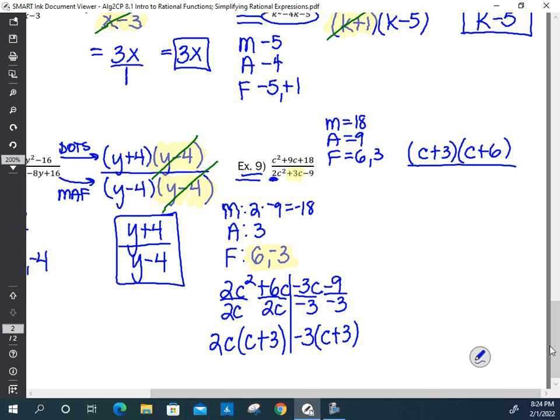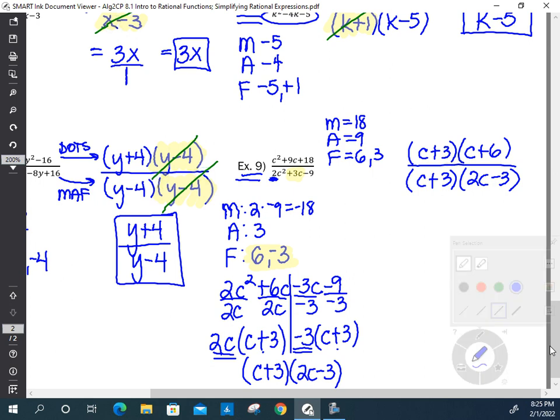So remember, you did grouping correctly if the parentheses matched. What you see twice, you write once, and the two parts that were left over, you put together. So that's c plus 3 and 2c minus 3.